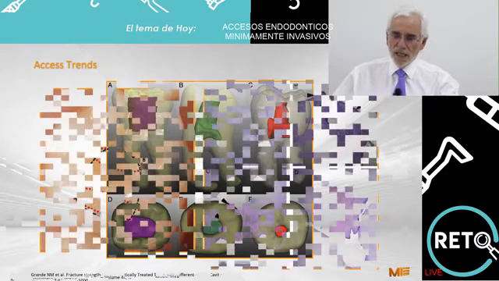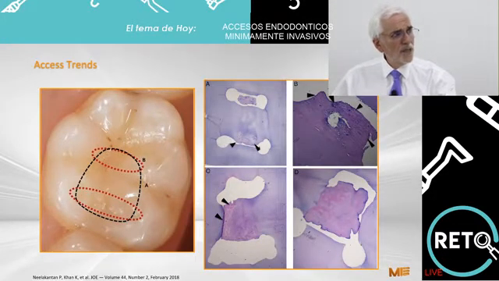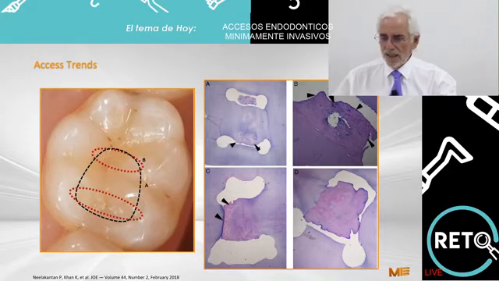Okay, so you are looking at where access trends are going. This is a recent publication by Neelakantan and Kant, which is showing basically an orifice-directed access preparation. If you look at the histology, A and B shows traditional and a directed access cavity, the difference between the two.